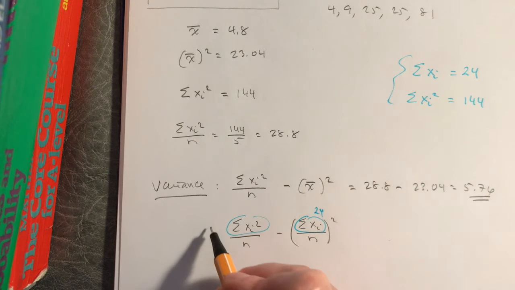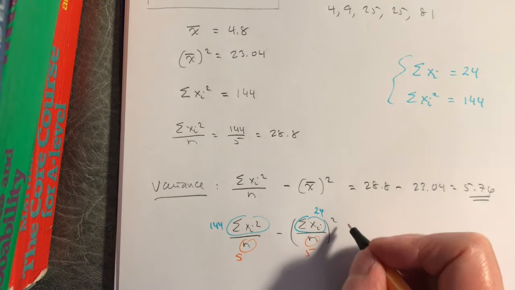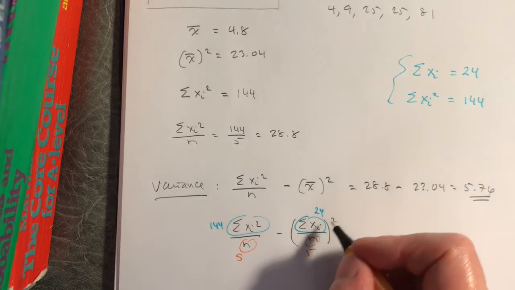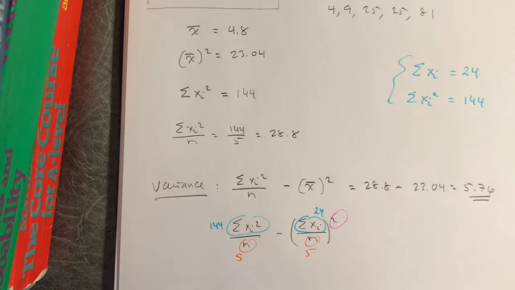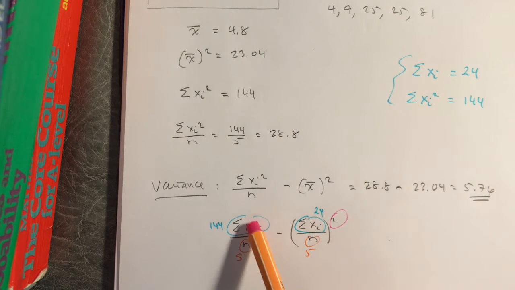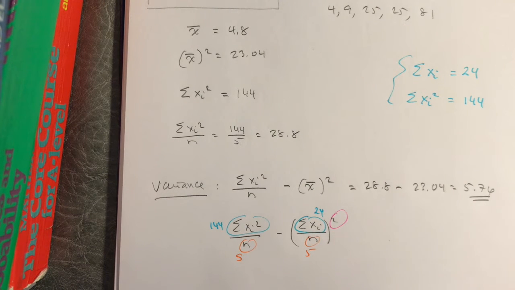So that piece right there is 144. You have to drop in n, which here is 5. And you have to remember to square that bit. But you just take what the exam question gives you, plop, plop, insert, insert, insert, click, click, click on the calculator, and out comes your variance.